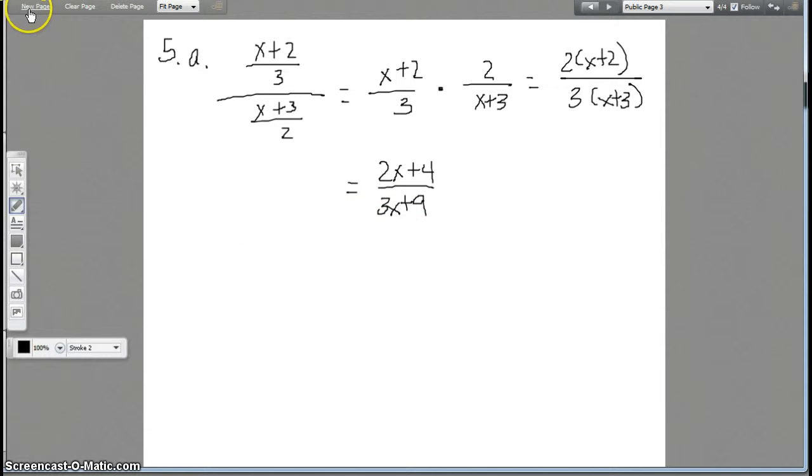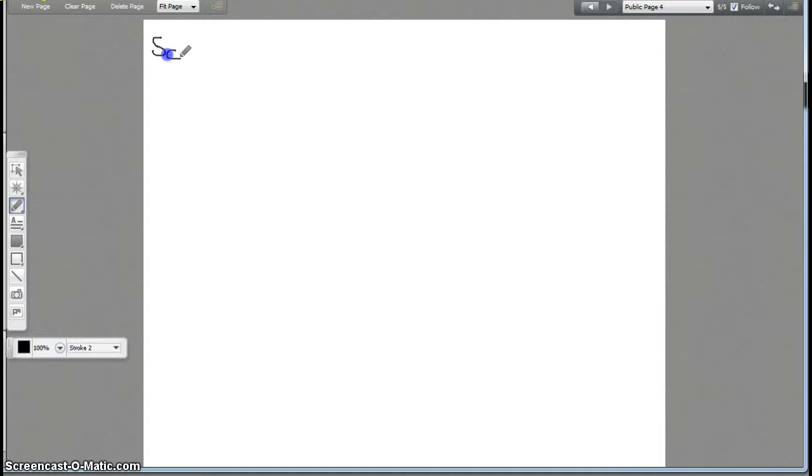Okay, let's take a look at another part. Let's look at 5c. 5c is (1 plus 1 over x) divided by (1 minus 1 over x squared). Okay, I need to get a common denominator in the numerator and a common denominator in the denominator.